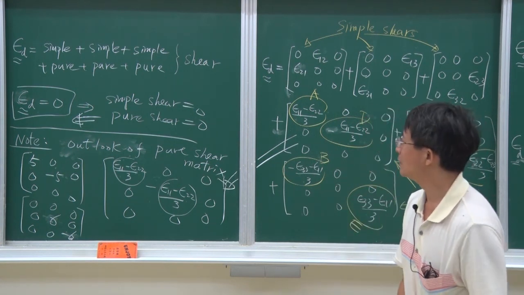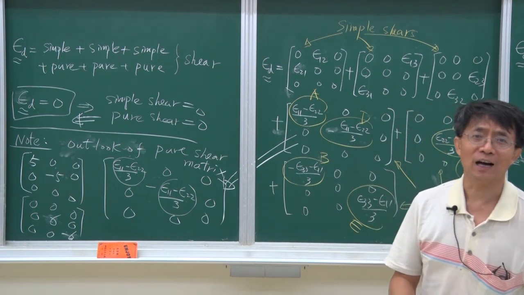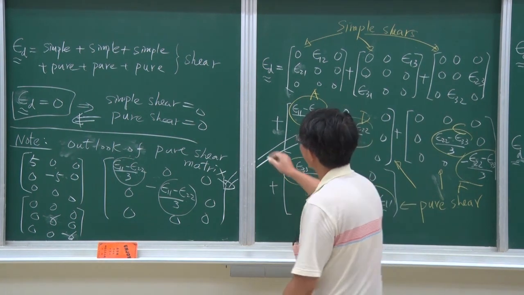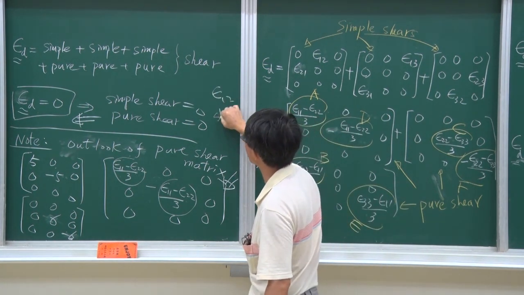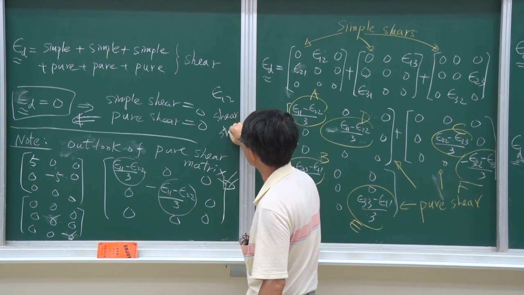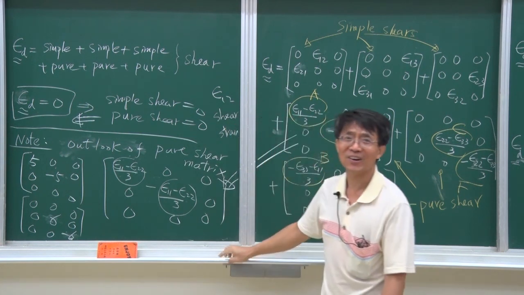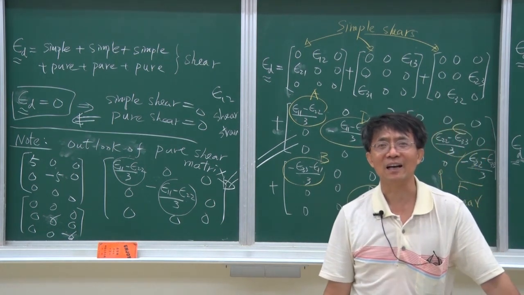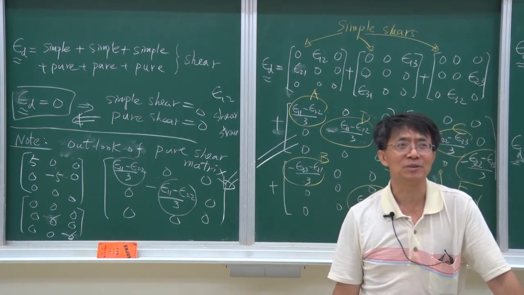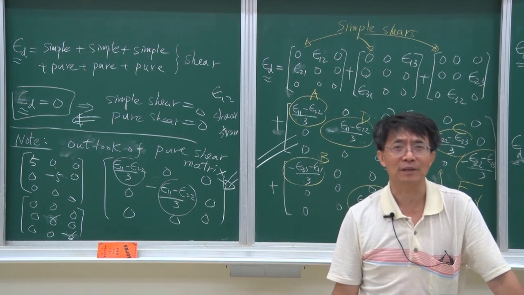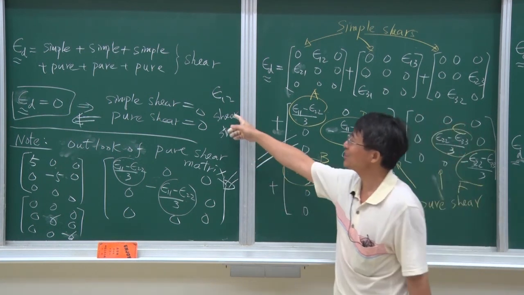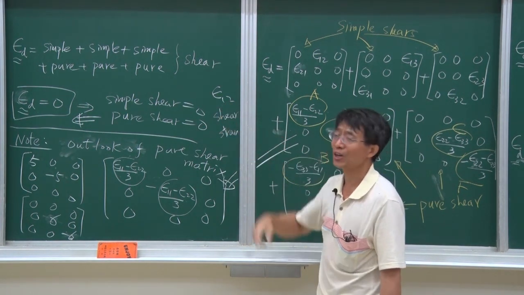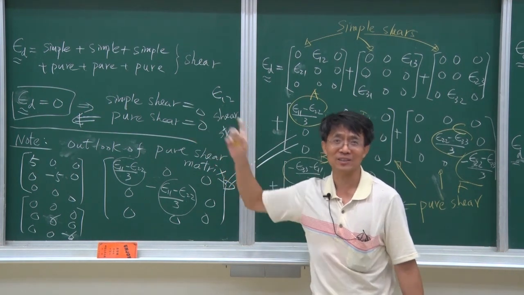Remember, after this class, don't tell your friend that epsilon 1,2 is the shear strain, or it is wrong. But we are living in a crazy world, so even me, sometimes I just adjust myself to the world I'm living in. Sometimes I still use the term shear strain, because everybody calls this term the shear strain.